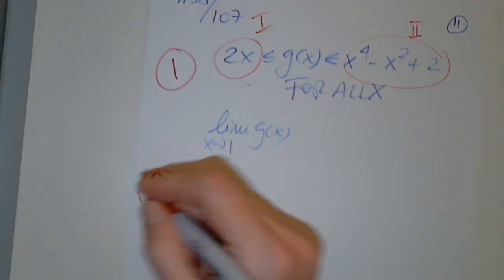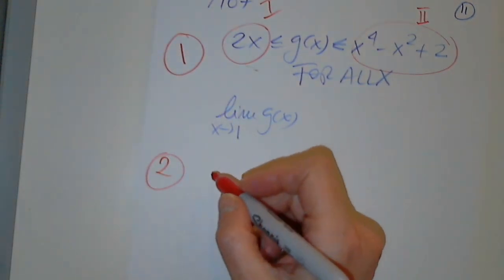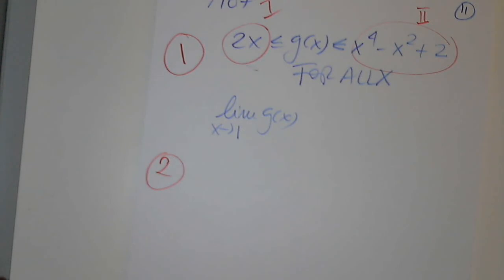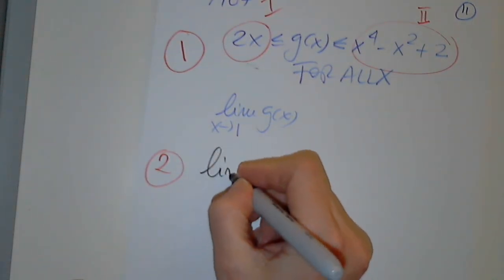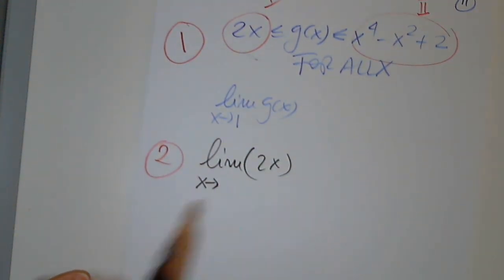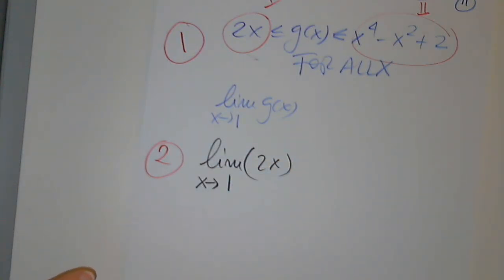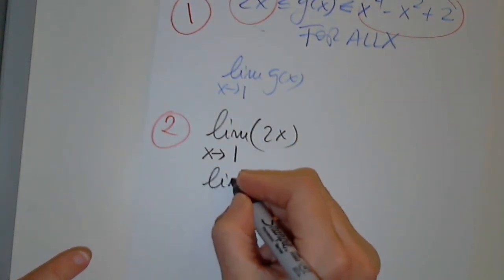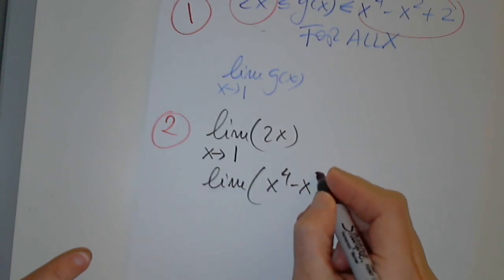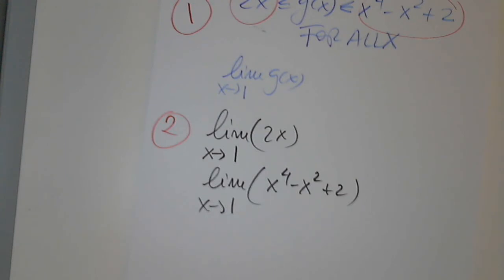This is the first hypothesis. Now, I have to check the second hypothesis. What is the second hypothesis? I have to determine what? Yes, the limit of 2x when x approaches exactly 1. Thank you. And the limit of x to the 4th minus x squared plus 2 as x approaches 1.